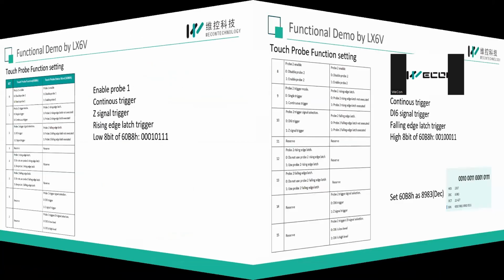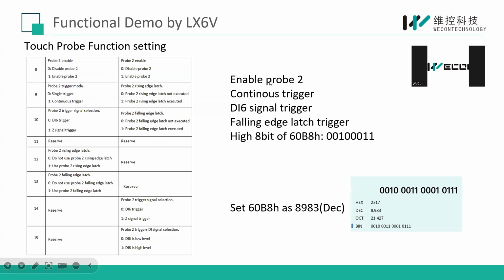And for probe 2, we also first enable it, and we use continuous trigger and DI6 to trigger, here 0. And we use a falling edge, so here 0 and this falling edge 1 and 0 0.